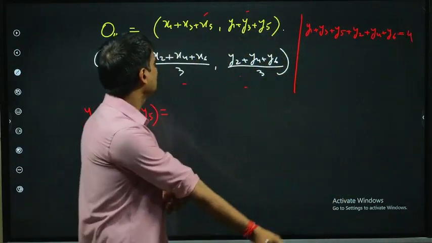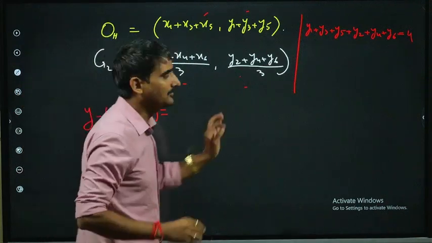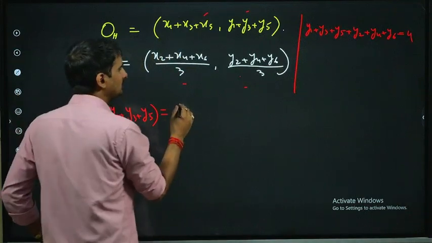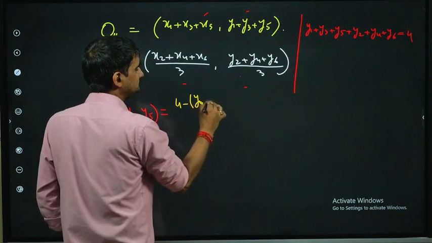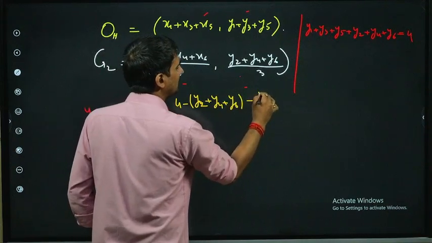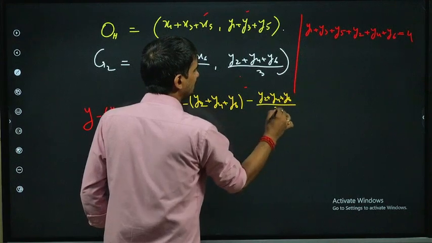So we can definitely replace y1 plus y3 plus y5 by 4 minus (y2 plus y4 plus y6). So it will be 4 minus (y2 plus y4 plus y6), minus (y2 plus y4 plus y6) by 3.